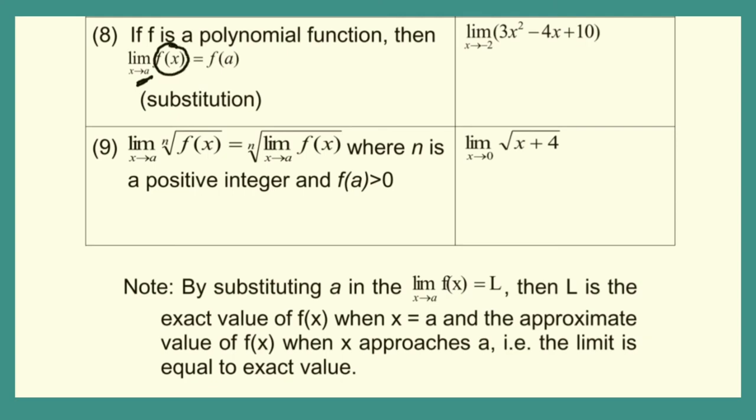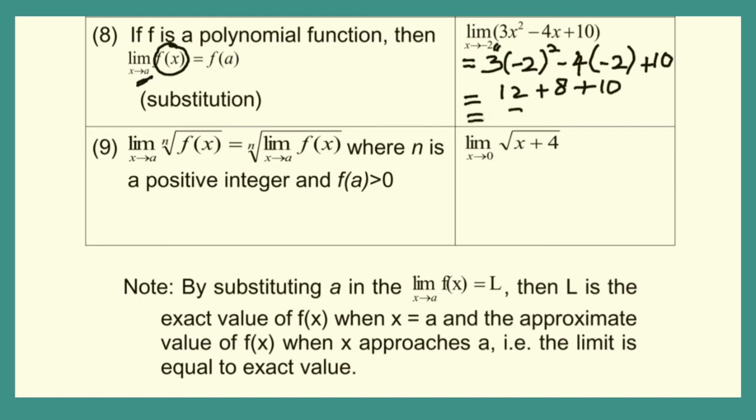For example, limit of 3x squared minus 4x plus 10 as x approaches negative 2 is equal to 3 times, substituting x equal to negative 2, negative 2 squared minus 4 times negative 2 plus 10. This is equal to 12 plus 8 plus 10. The answer is 30.